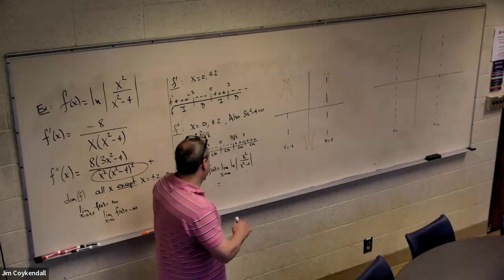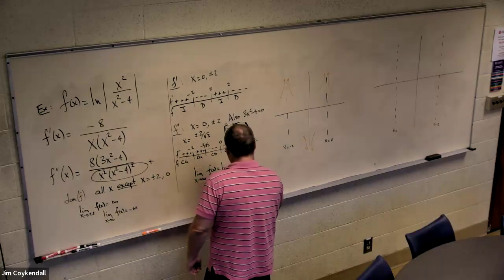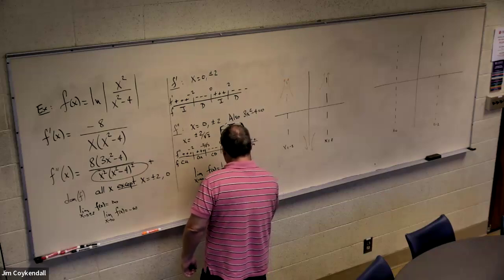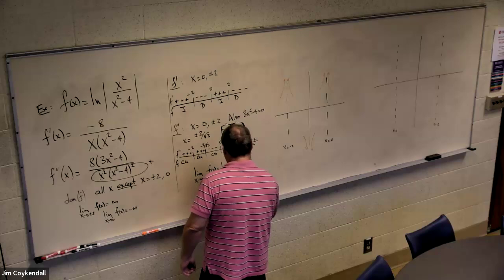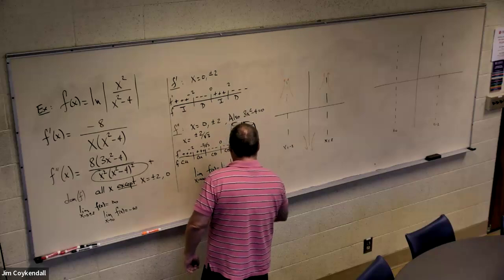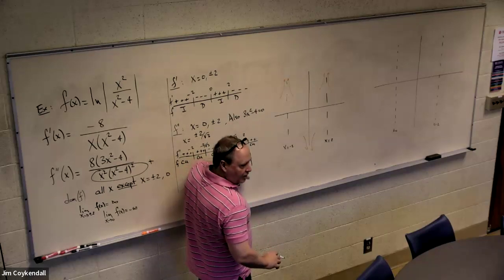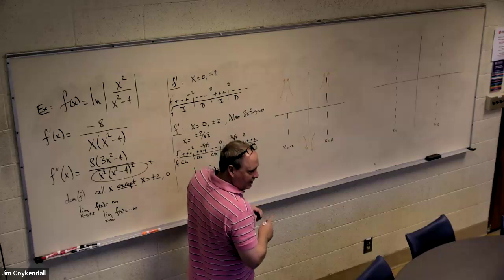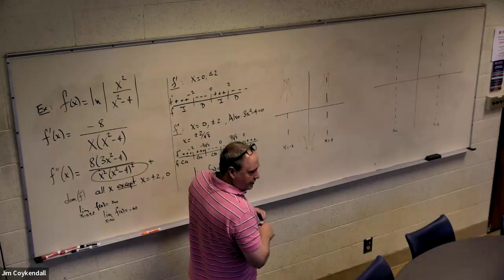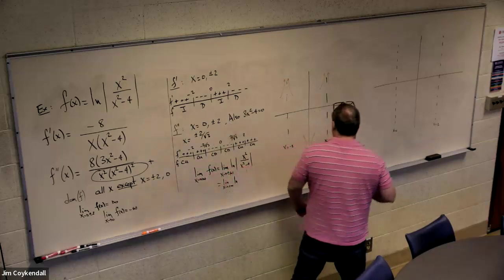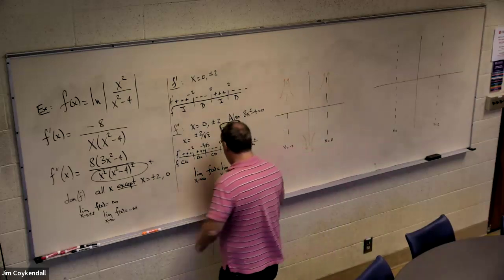What happens to x squared over x squared plus 1 as x goes to infinity? Well, there's a couple of ways we can do this.